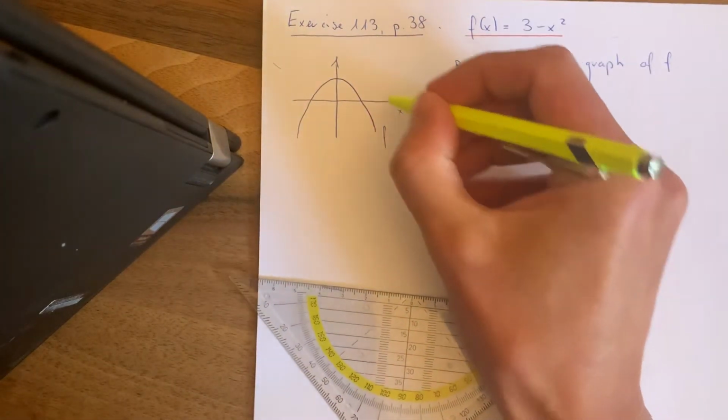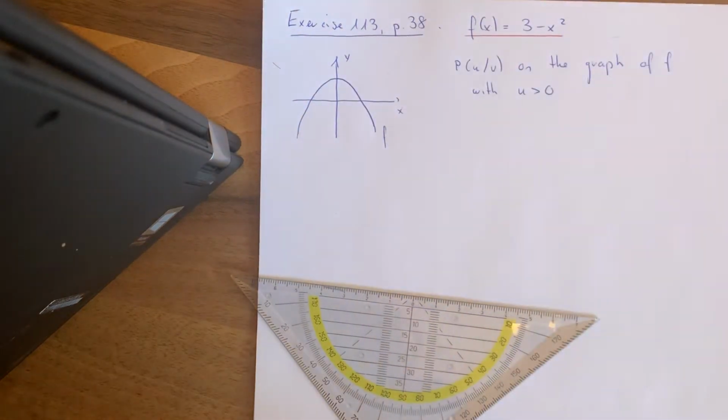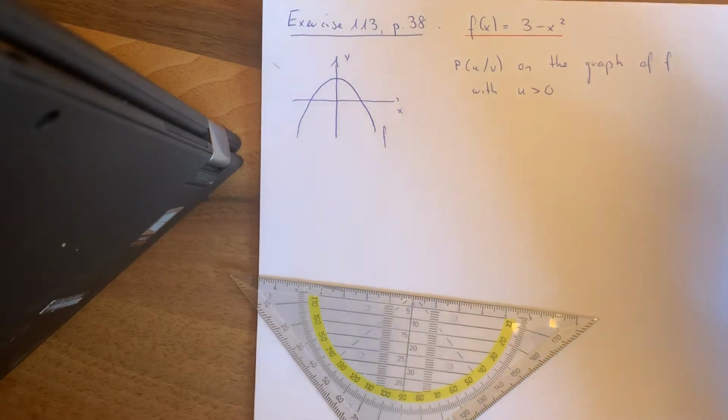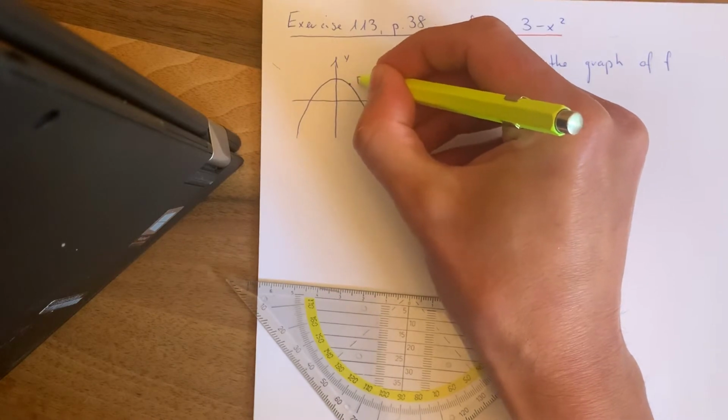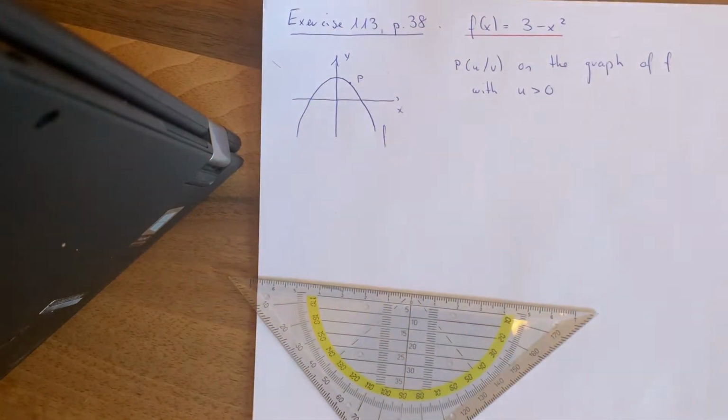So what do we have? We have a point (u, v) on the graph of f, and we assume that the x-coordinate u of point P is bigger than 0. So this point here lies maybe, let's say, here. What else?